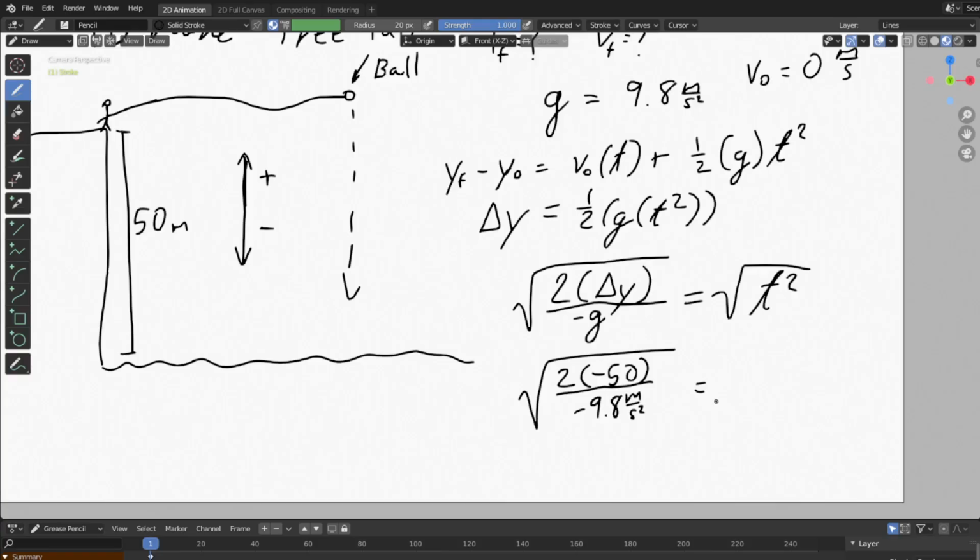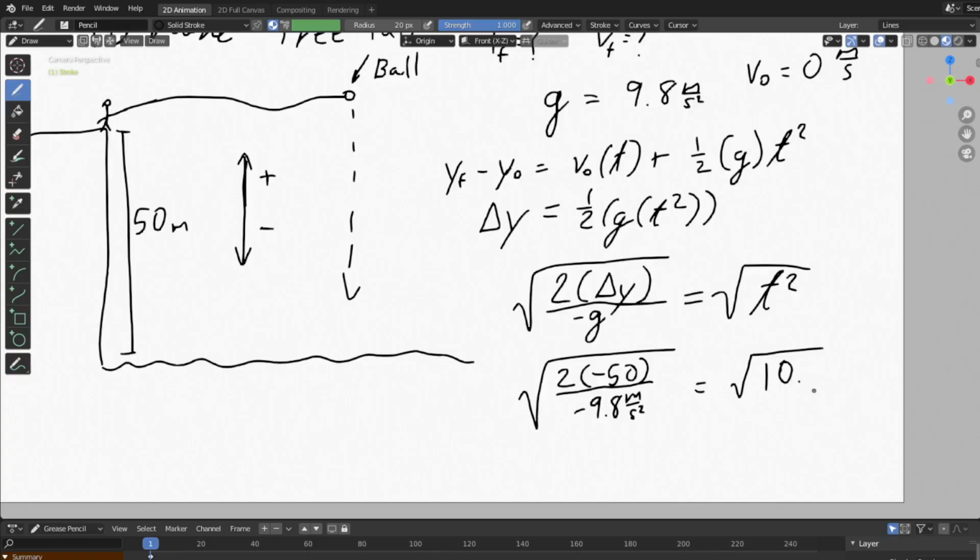So we take negative 100 basically divided by negative 9.8, and then I should be able to take the square root of this, right? So the square root of 10 point, through sig figs, this is like 2.